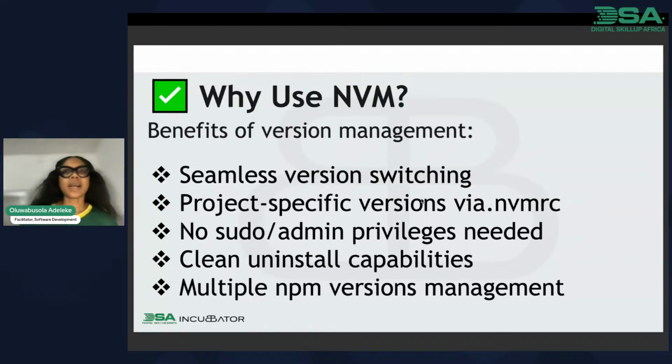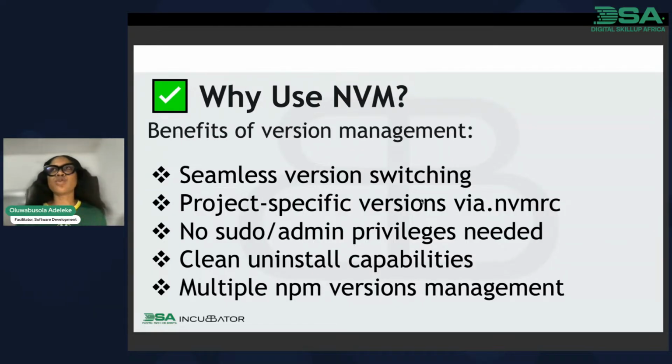Okay. Now, what are the benefits of the version management? It helps you to switch your version seamlessly. So let's assume you want to do a project that the minimum is 18. Just go and do nvm use 18 and you're back to version 18, just like that. And if they say it is 22, just do nvm use 22 and you are up to 22.